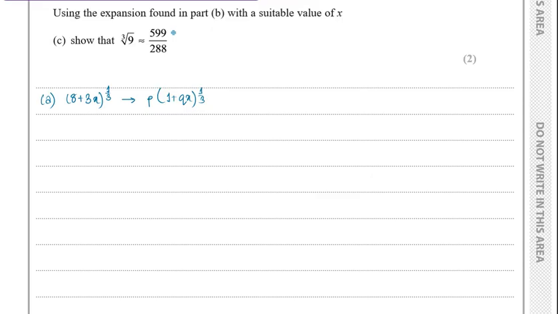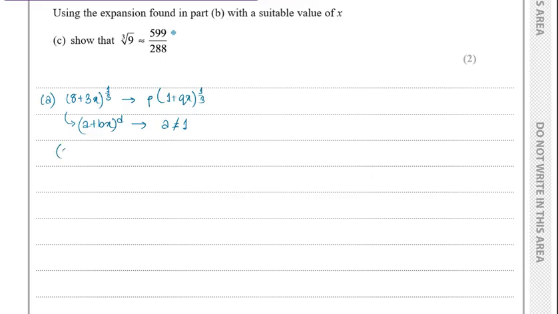If you look at the expression that we are given, (8 + 3x)^(1/3), this is actually in the form of (a + bx)^d, where a is not equal to 1. And when a is not equal to 1, and we have to bring a 1 into the expression, as you can see in p(1 + qx)^(1/3), we try to bring the 1 by using this.